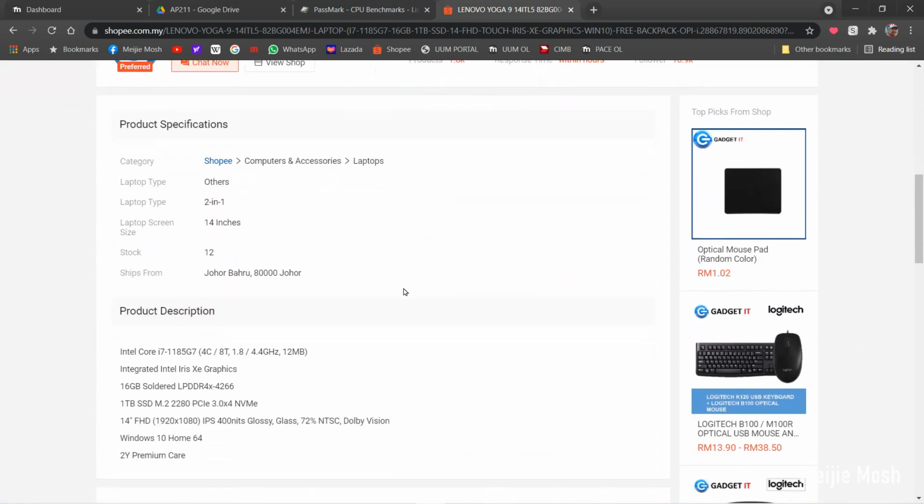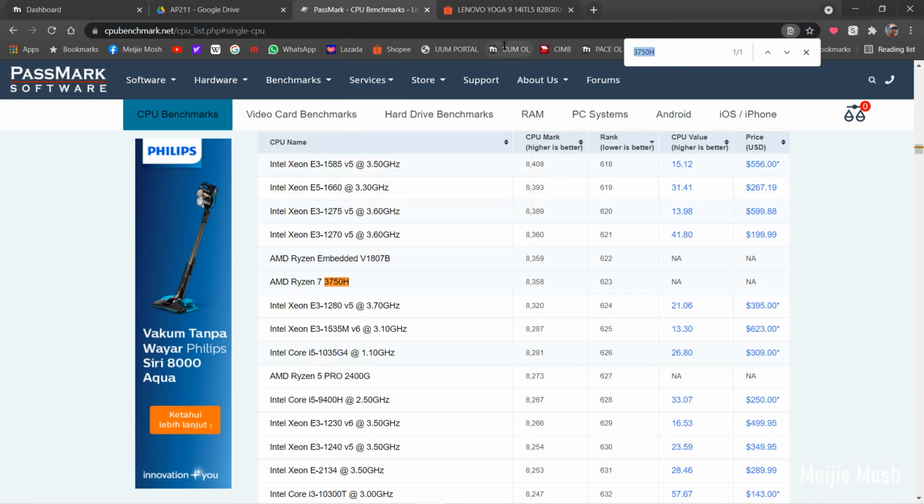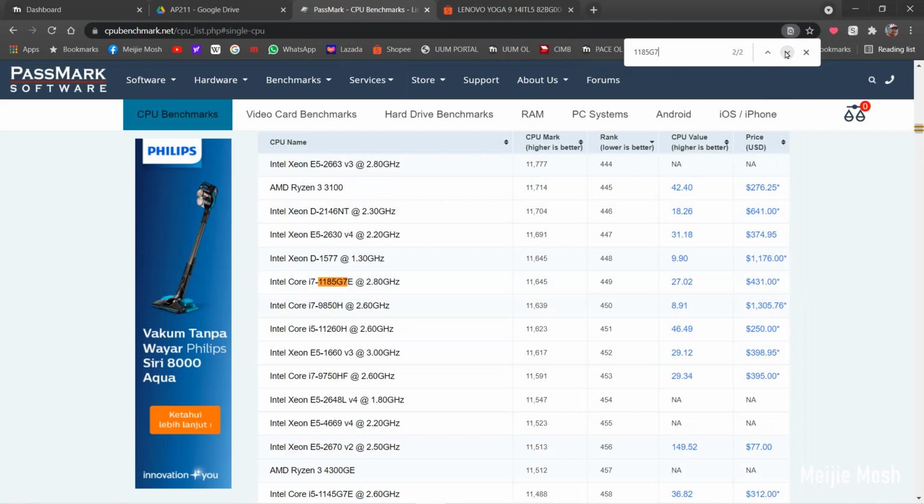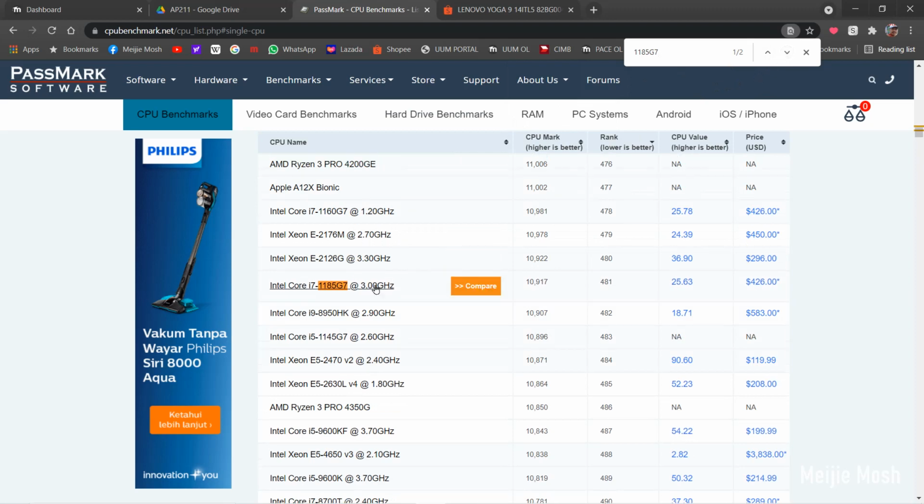Let's see what type of CPU it is using. This one is using an Intel Core i7 1185G7. We copy this, go here and paste it, and we can find there are two of this type, one is 57E and another one is just 5G7.